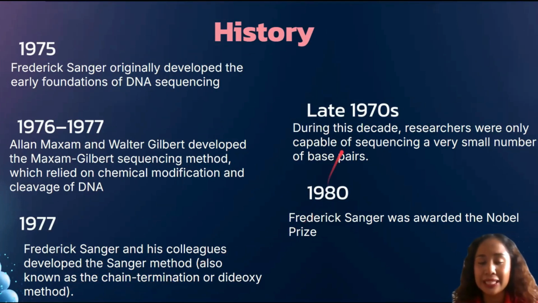In the late 1970s, researchers were only capable of sequencing very small numbers of base pairs, up to 200 nucleotide bases that could be read during the 1970s. In 1980, Frederick Sanger won the Nobel Prize.